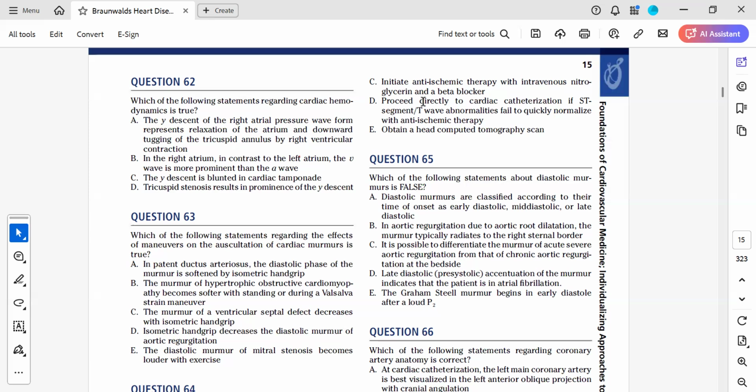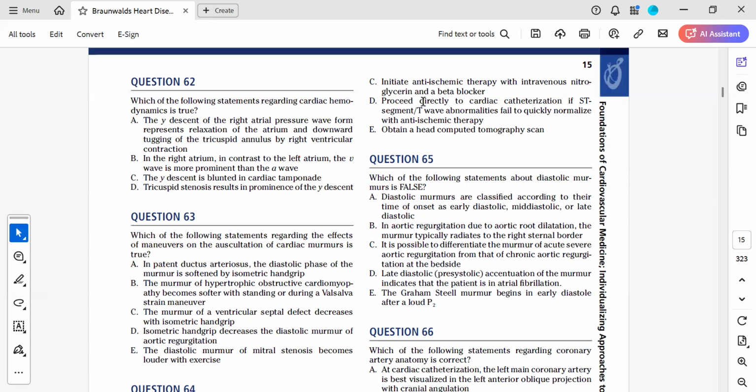Then also, for acute regurgitation, the intensity of the mitral component of S1 is usually reduced, but for chronic, the intensity of S1 is unaffected. So we expect S1 to be reduced in acute aortic regurgitation.